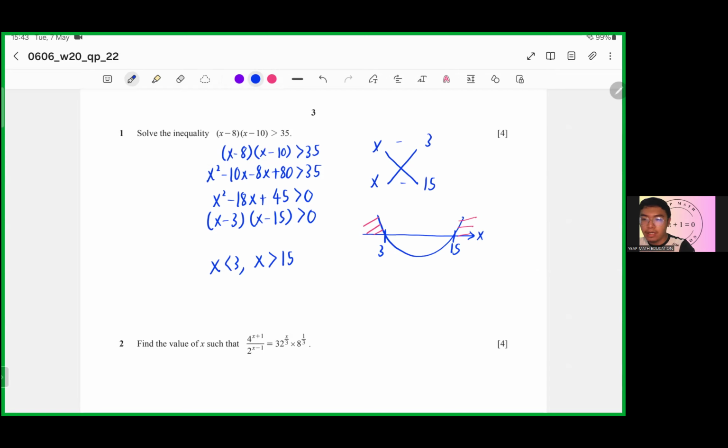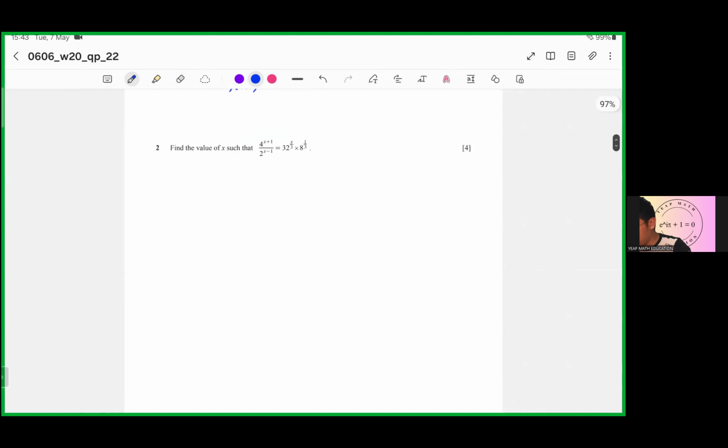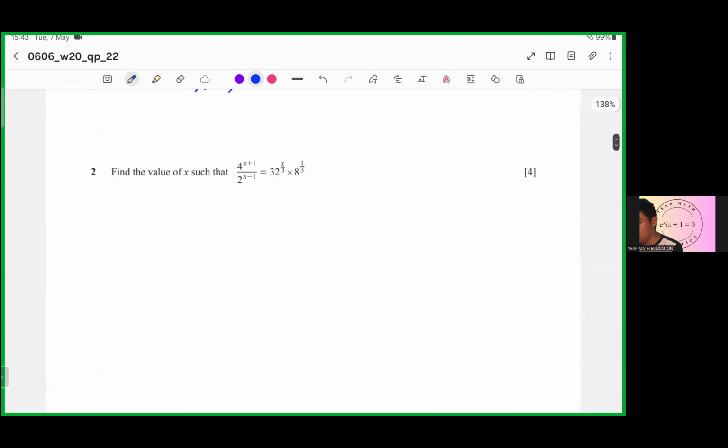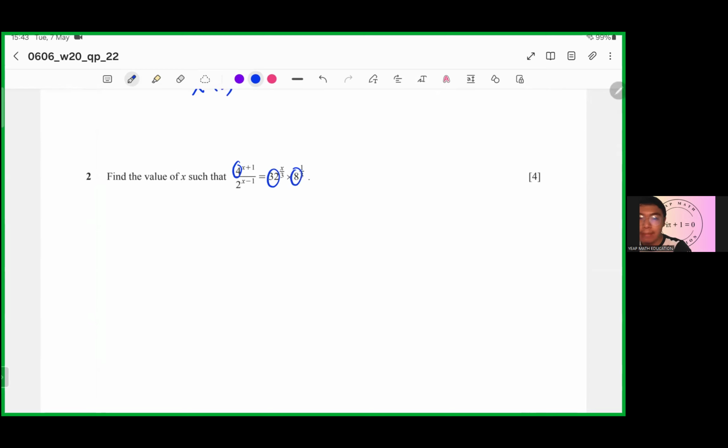Now we look at question 2. Find the value of x such that 4^((x+1)/(x−1)) = 32^(1/(3x)) multiplied by 8^(1/3). Now we can change this to base 2. I write the question first.